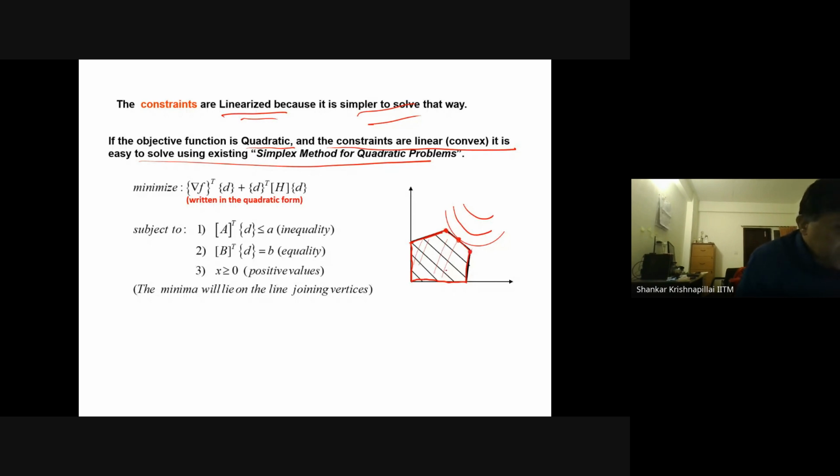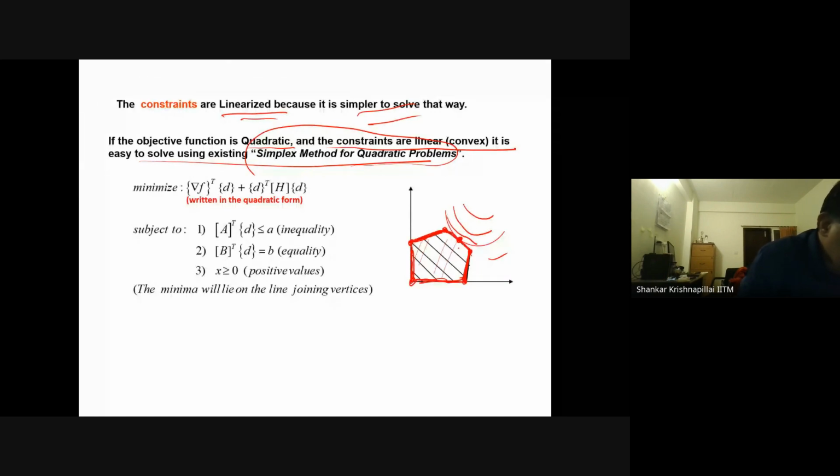So how do you solve this problem in the computational method? You have to find the vertices of this polygon and do a line search between all these vertices, and the contours will hit one of these lines.